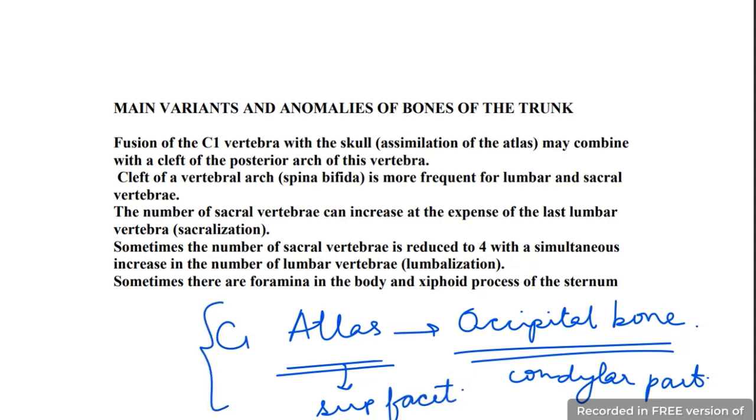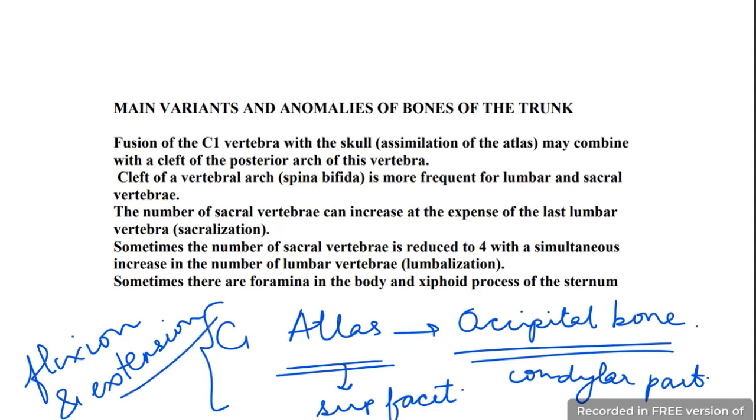In this atlanto-occipital joint, the movement would be flexion and extension. There are two types of joints here, the atlanto-occipital joint and the atlanto-axial joint. The atlanto-axial joint forms between the atlas and the axis, and the atlanto-occipital joint forms between the atlas and the occipital bone, and its movement is flexion and extension. This is the answer they would expect, and also the ligaments and joints.